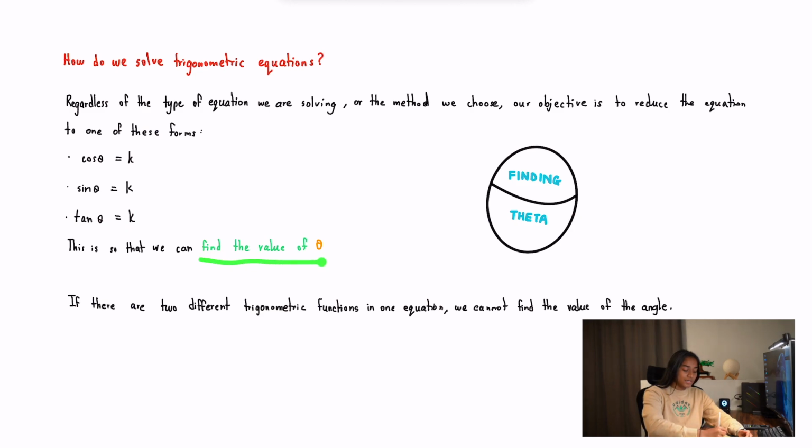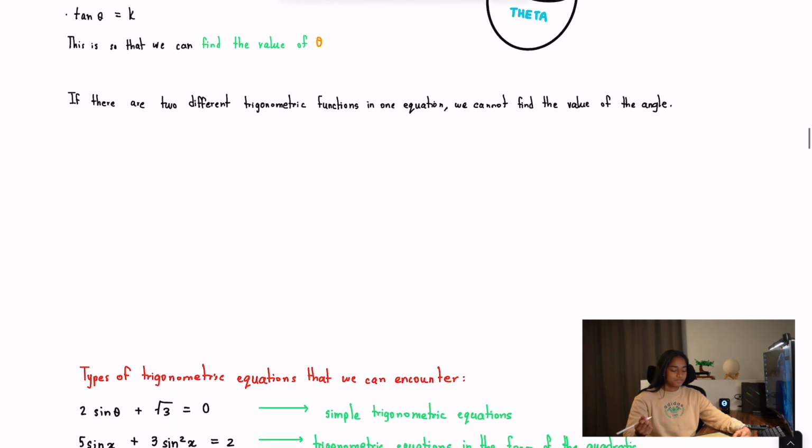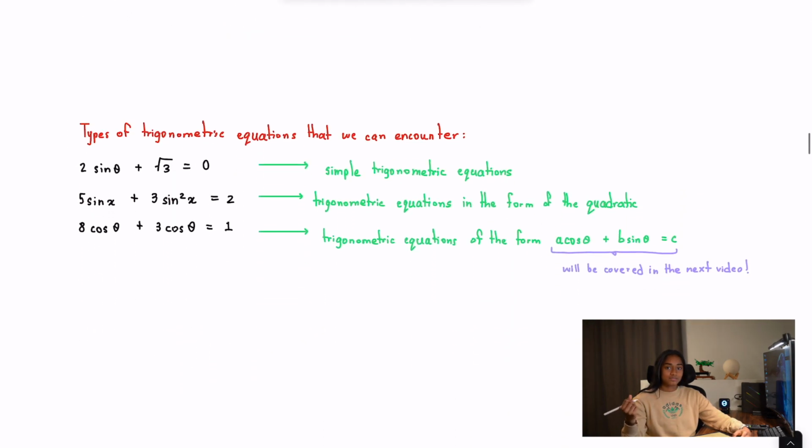This is so we can then go on to finding the value of theta, or solving the equation. Unfortunately, if there are 2 different trigonometric functions in one equation, we cannot find the value of the angle. So we must be able to reduce it into one trig function to be able to solve it.